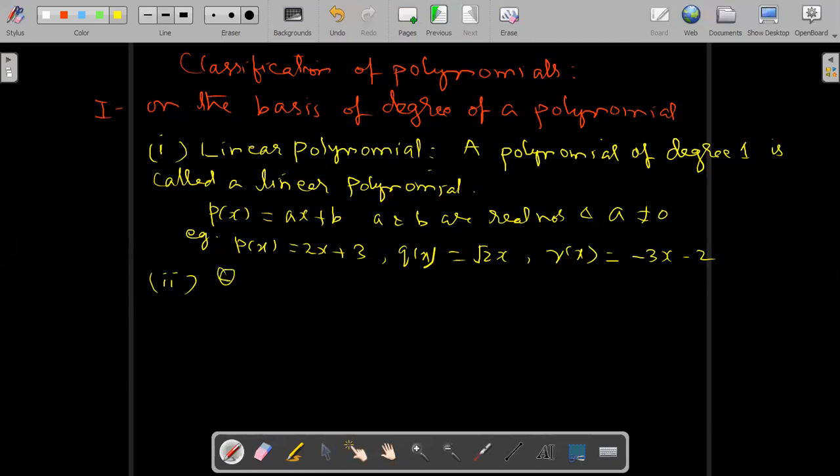Then the second type is the quadratic polynomial. Quadratic means 2 degrees.